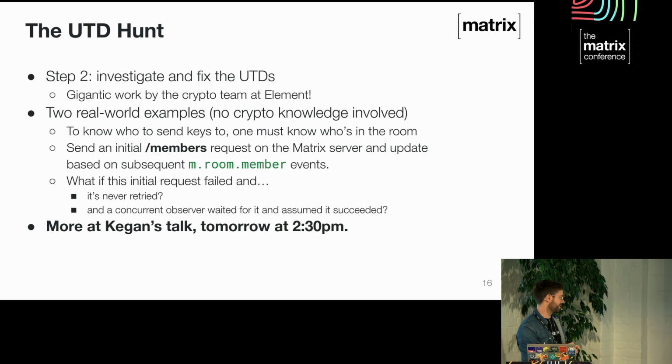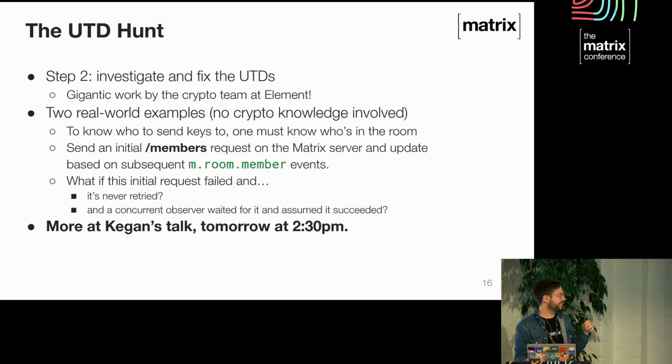So we had a few issues with that, where we would send a /members request, which is the endpoint to receive the room members. For instance, in the past, it would fail once and never be retried. In that case, you don't have an up-to-date list of room members, and the room members that you missed will run into UTDs because of that.